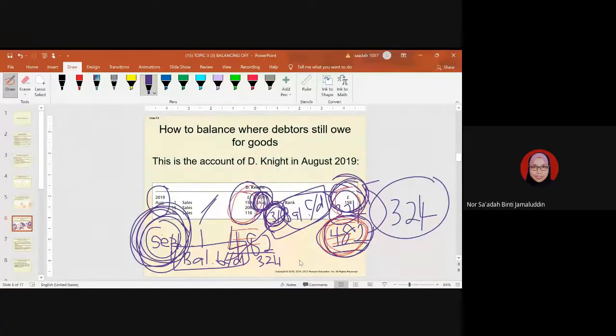And then after we balance off all our ledgers, we post all our ledgers into the Trial Balance. Okay, which accounts should transfer from ledger to Trial Balance? Okay, dengar baik-baik, only the ledgers that have a balance brought down are posted into the Trial Balance.